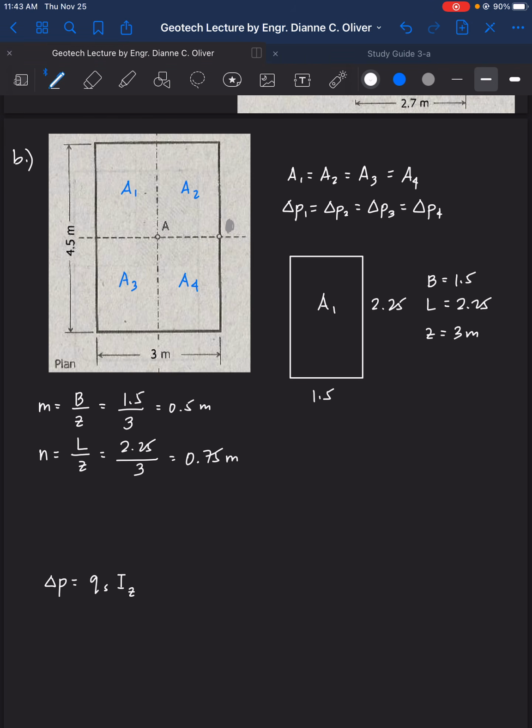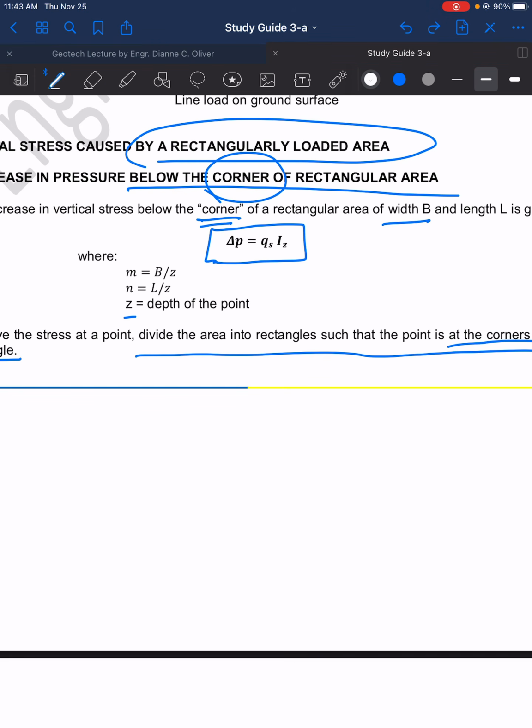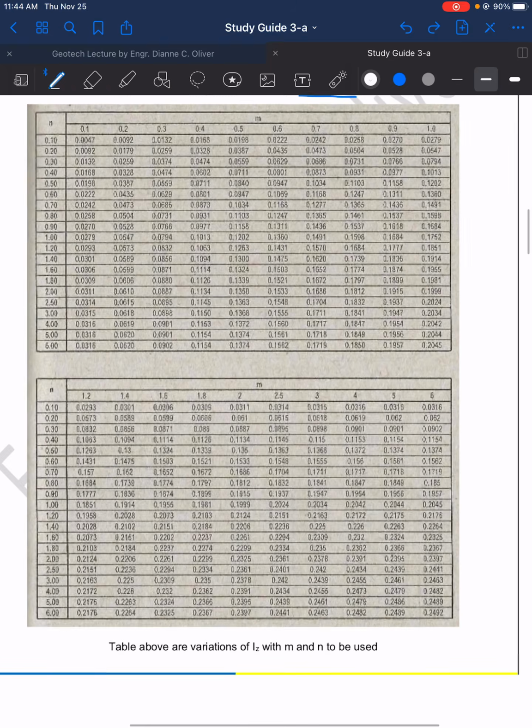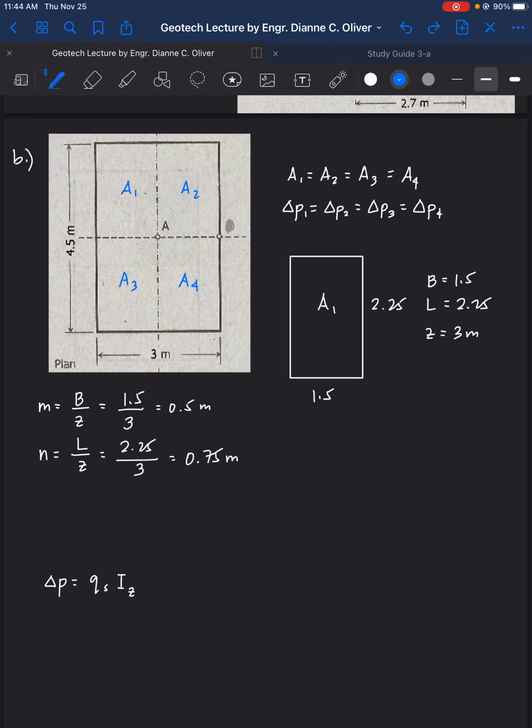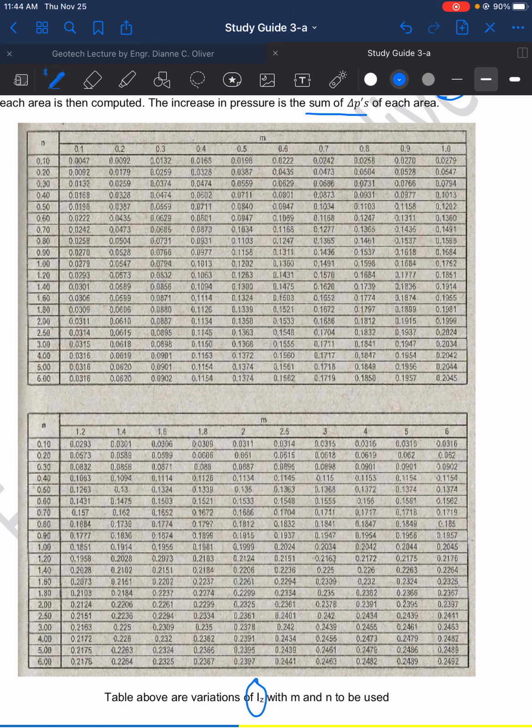So remember, we have the value for M equal to 0.5, then we have N equals 0.75. Let's go to the table for I sub z. Take note, this is the table for I sub z. Our M a while ago is 0.5, so there you go, our 0.5. Next, for the N, we have 0.75. There's no 0.75 here.